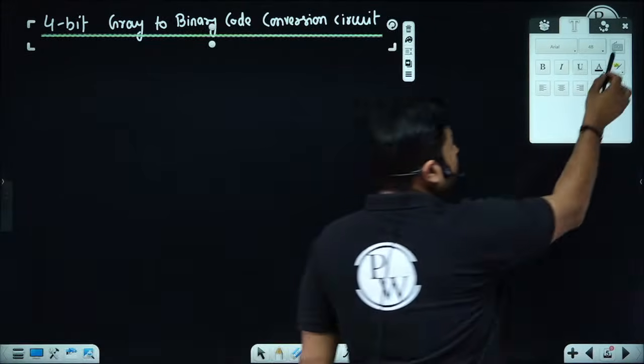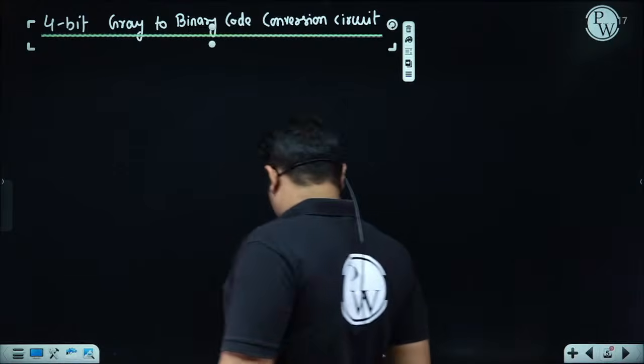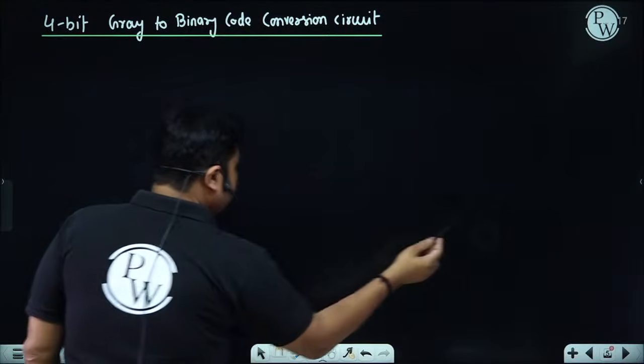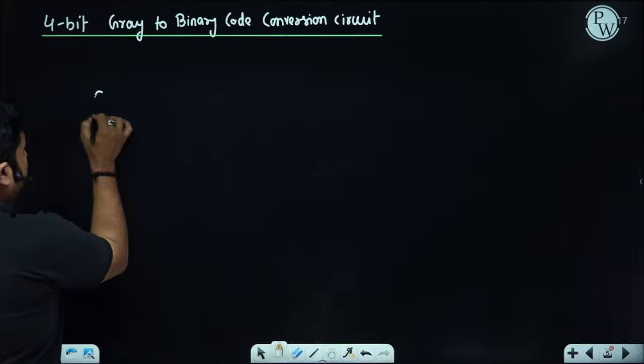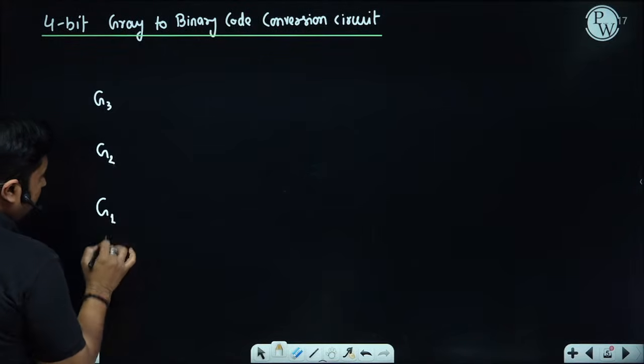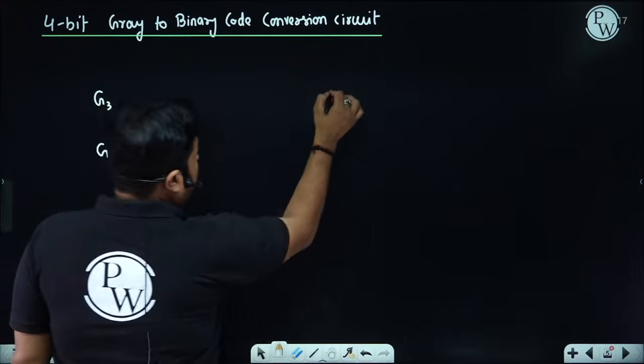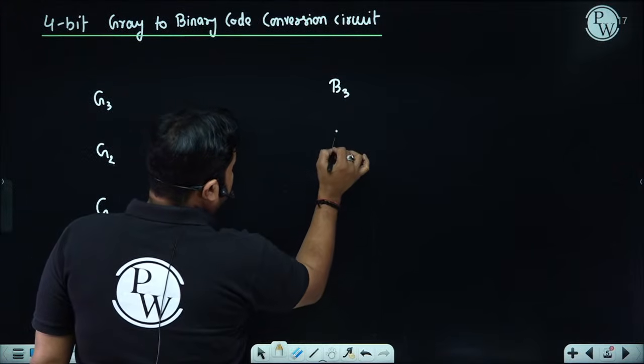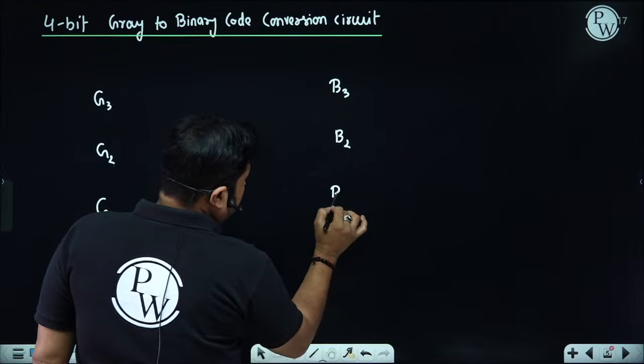If we talk about the 4-bit gray to binary code conversion circuit, then please observe that the MSBs of gray code and binary code will remain the same. G3, G2, G1, G0, and we want to convert it into B3, B2, B1, B0.